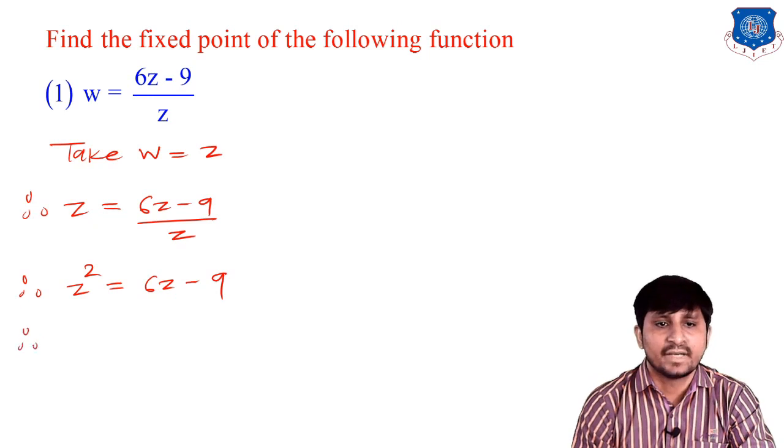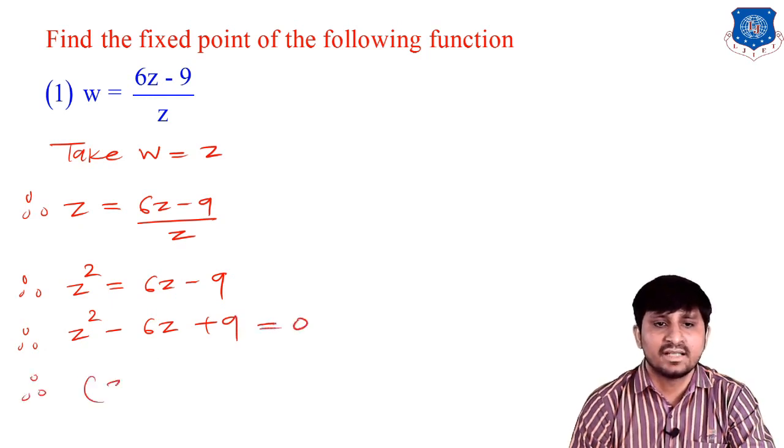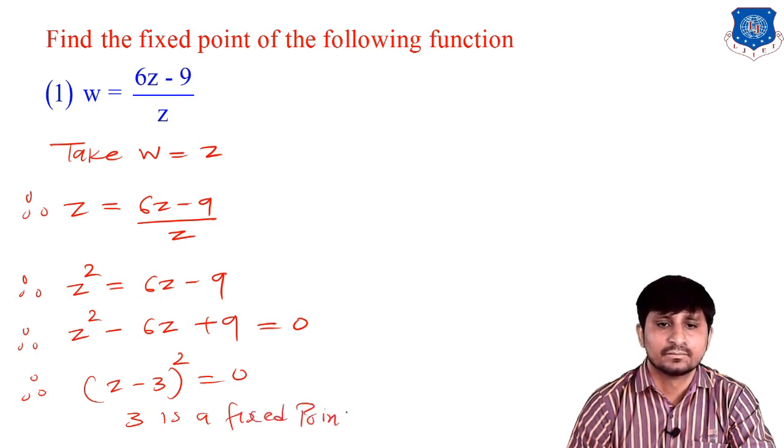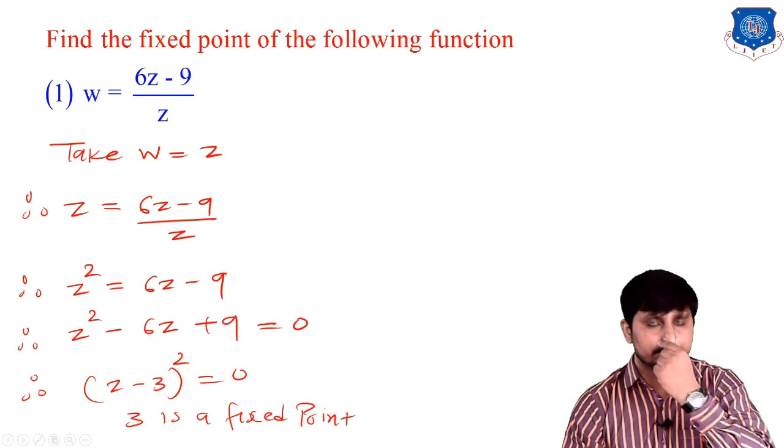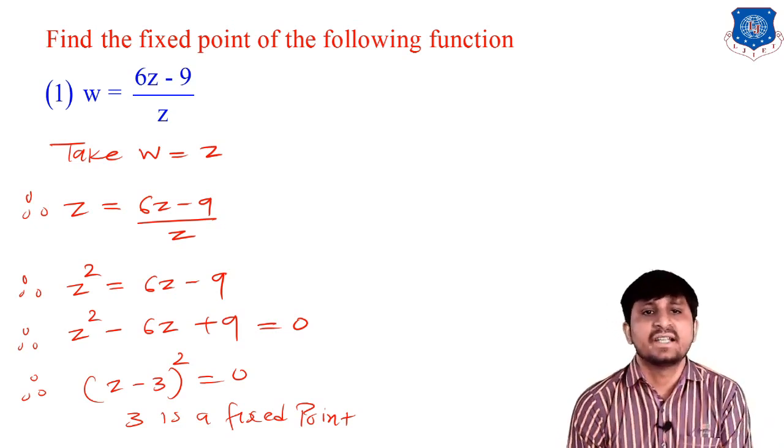So Z square minus 6Z plus 9 is equal to 0, so (Z minus 3) whole square is equal to 0, and that's why 3 is a fixed point for this bilinear transformation.